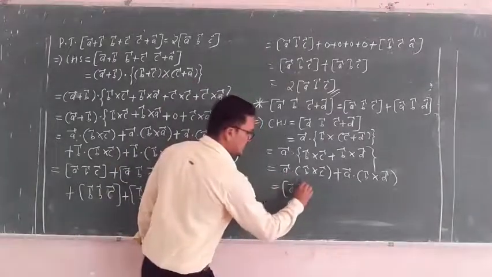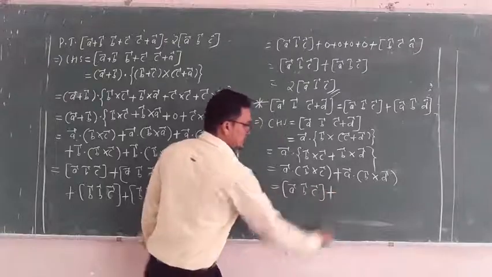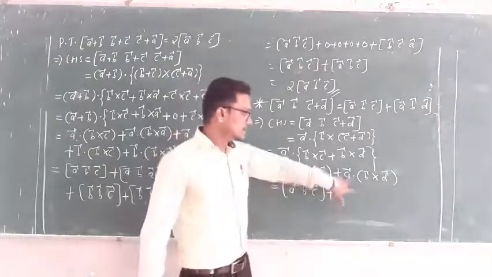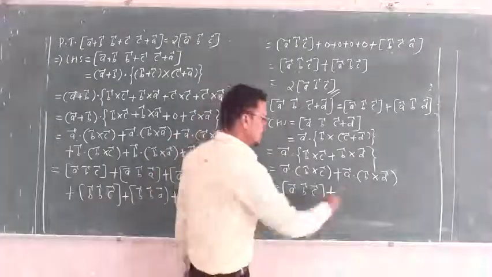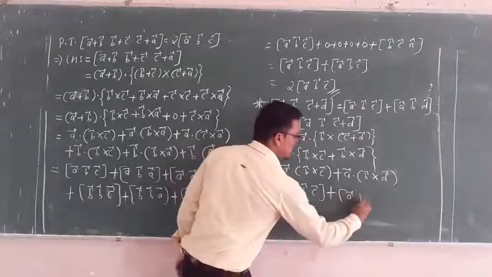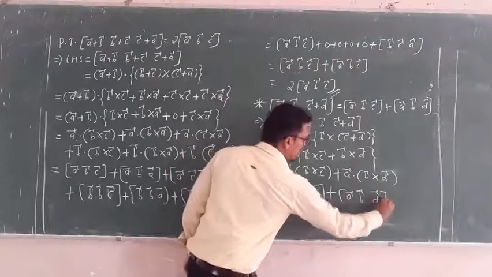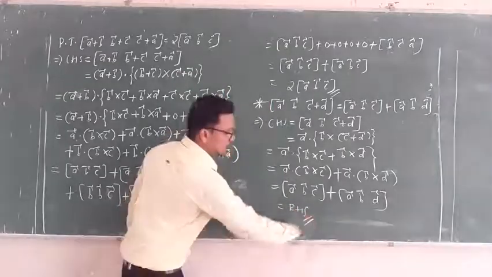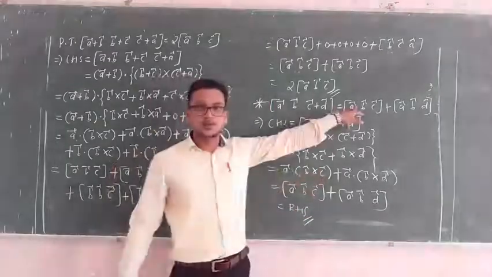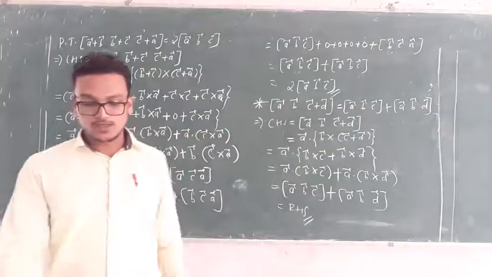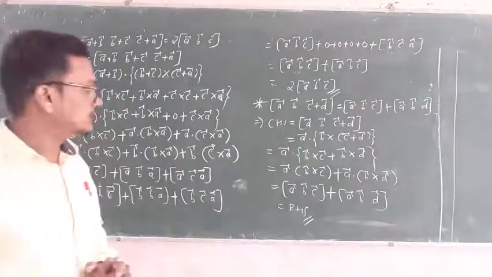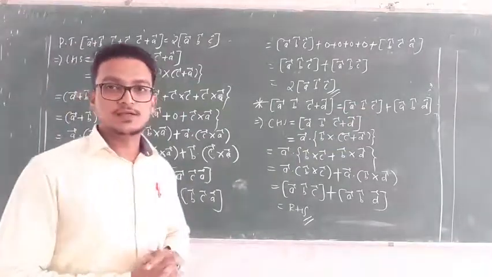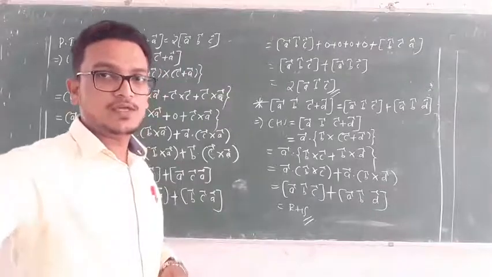The square bracket of A, B, C plus next A dot B cross D, which means the square bracket of A, B, D, and that is your RHS. That is the proof part. I hope you understood these properties or this result. In the next class we will solve some examples.